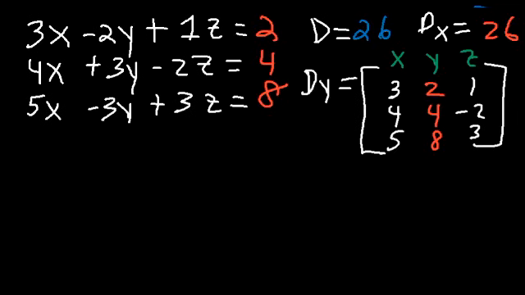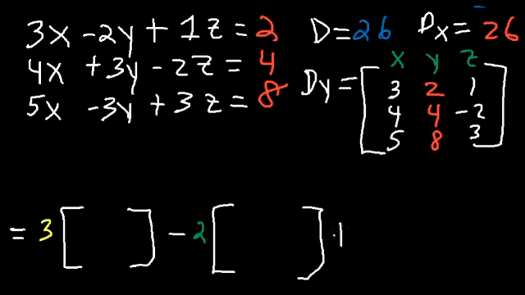So let's rewrite it. Starting with the first one, we have a 3. And then times the 2 by 2 matrix. And then minus the second one, which is a 2. Times another 2 by 2 matrix, and then plus the last one, which is a 1, times something.